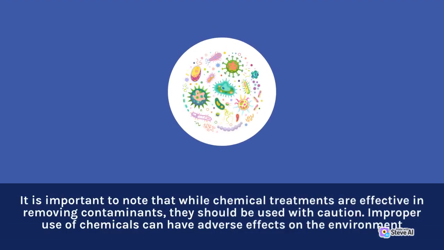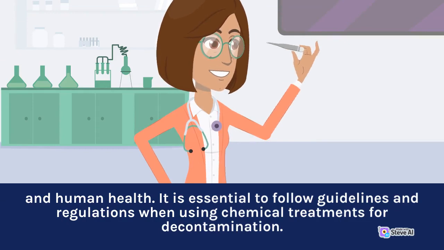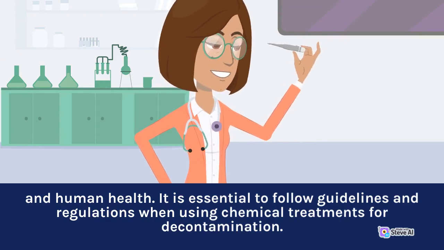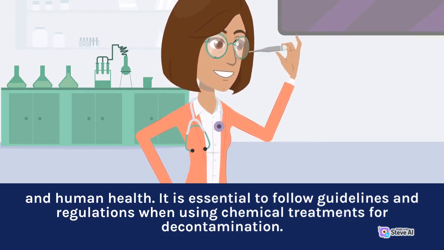It is important to note that while chemical treatments are effective in removing contaminants, they should be used with caution. Improper use of chemicals can have adverse effects on the environment and human health. It is essential to follow guidelines and regulations when using chemical treatments for decontamination.